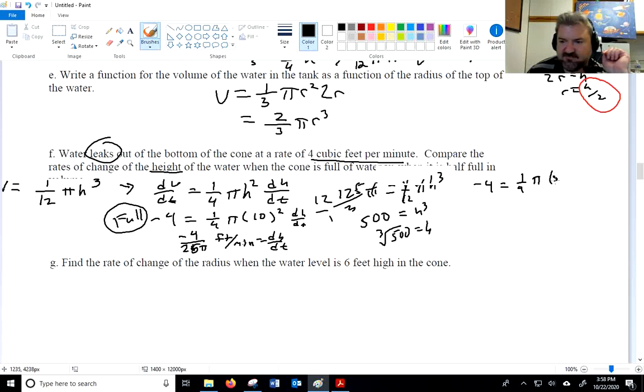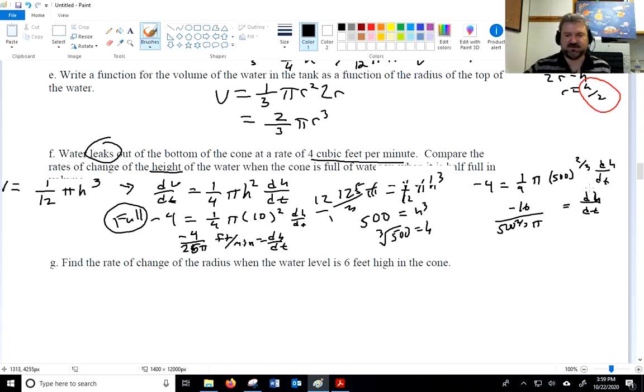So this will be 500 to the 2/3 power times dh/dt. So in this case, dh/dt is equal to, let's see here, that's 1/4, so that's a negative 16 over 500 to the 2/3 times pi.